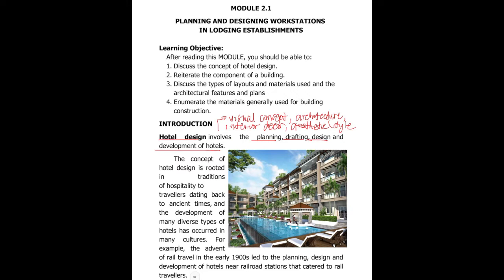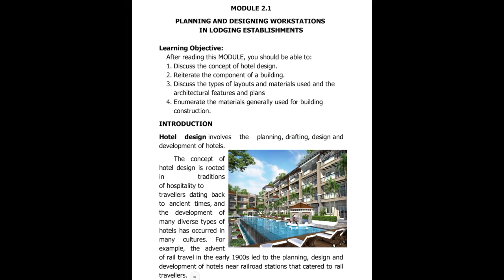It says here that the concept of hotel design is rooted in the traditions of hospitality to travelers dating back to ancient times, and the development of many diverse types of hotel has occurred in many cultures. So even before, simple lang naman yung mga design ng mga hotel, mga inns, mga motels, but most likely ngayon, mas naging modernized na siya due to the innovation of the different architects, engineers, and of course, with the collaboration with the owners.